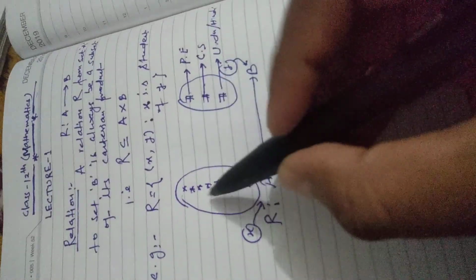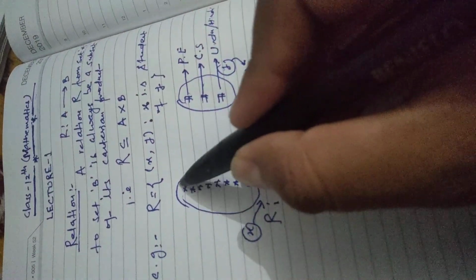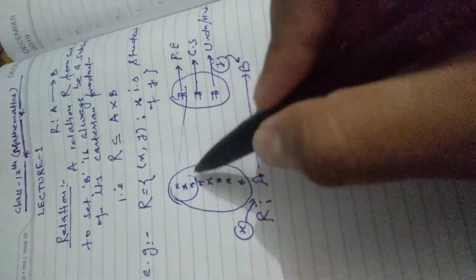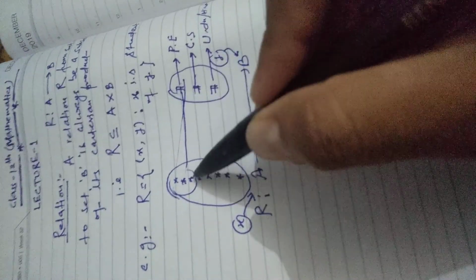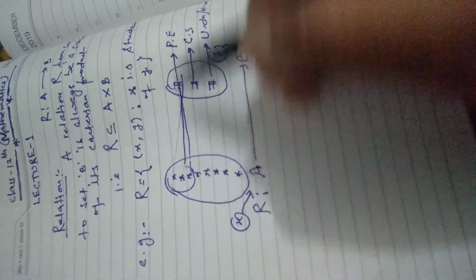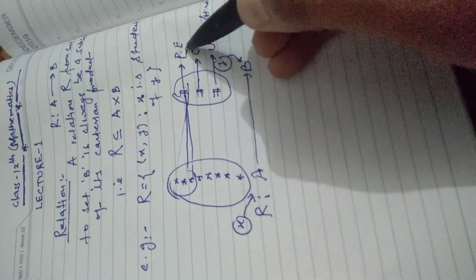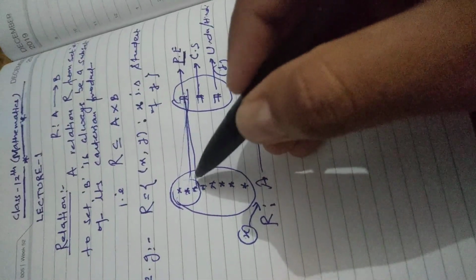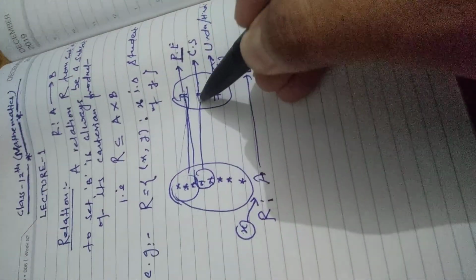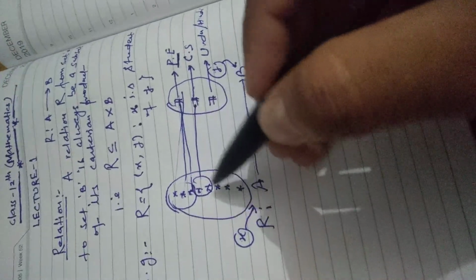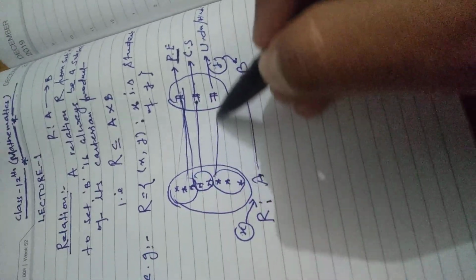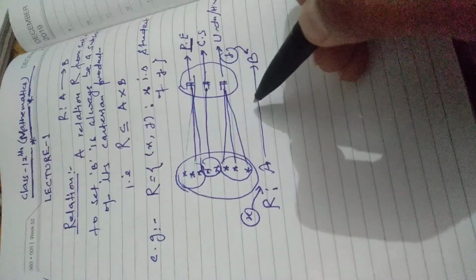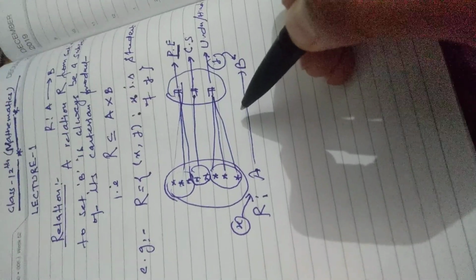For example, these three stars go to this hash, because these three stars selected physical education as an optional, these two stars selected computer science as an optional, and these three stars selected Urdu or Hindi as a subsidiary.